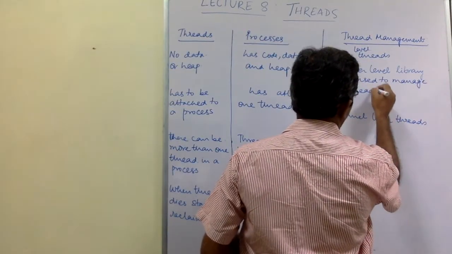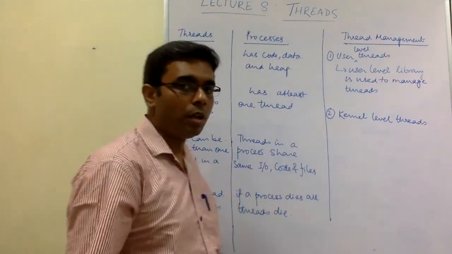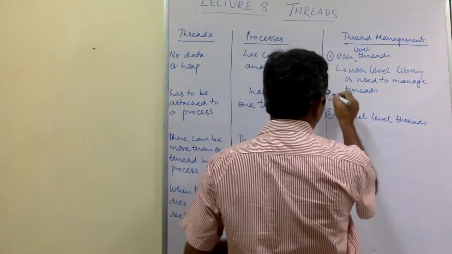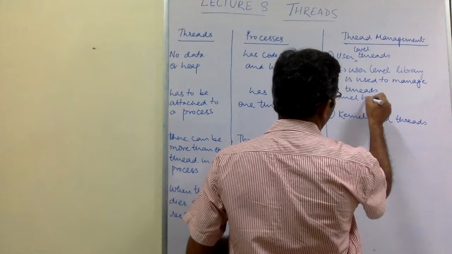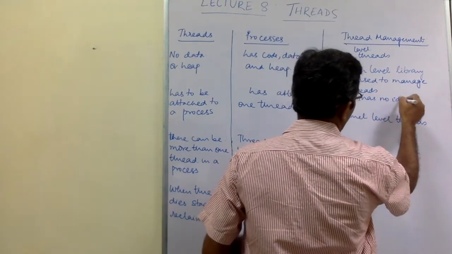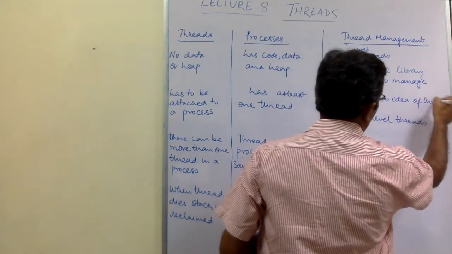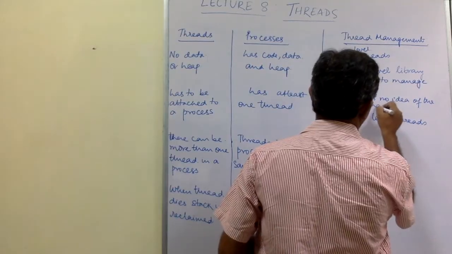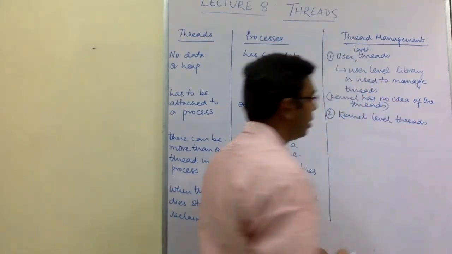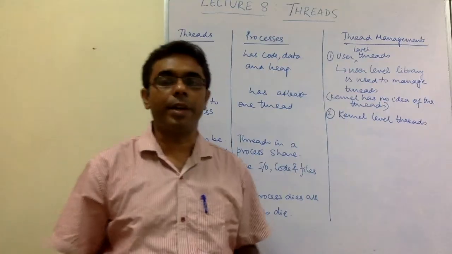A typical example is the pthread library that we use. Now, interestingly, the kernel has no idea of the threads. So this is a very interesting thing to know. The kernel is completely unaware.